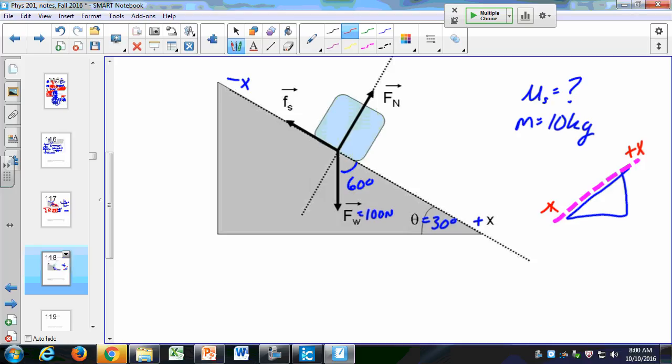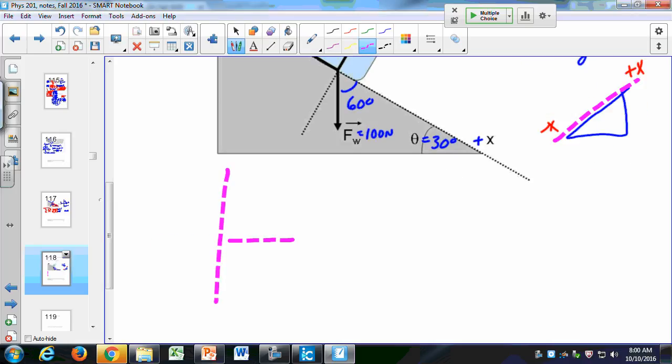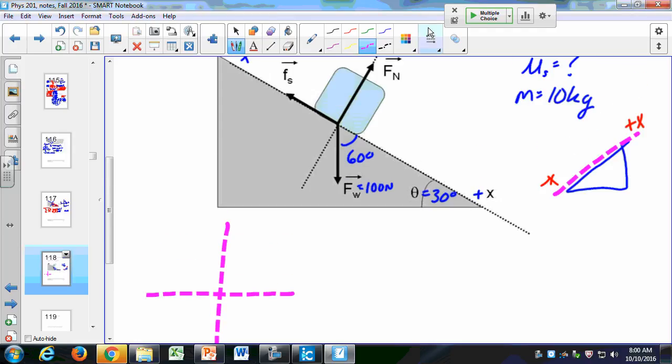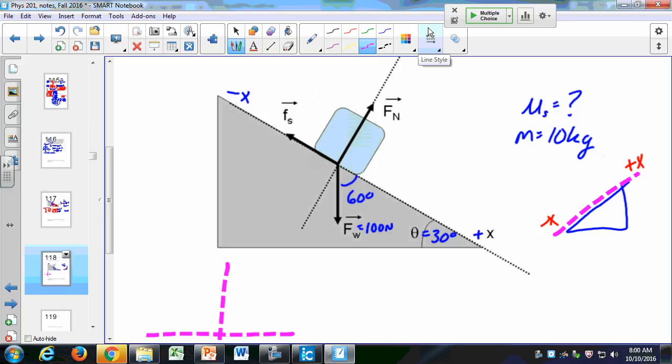Okay, draw your free body diagram, resolve your forces, and write Newton's second law. I'll give you a second to catch up and to draw your free body diagram. Draw all the forces that are acting upon it, and then resolve those forces that are not on axis. In this case, it's just the weight onto its x and y components.